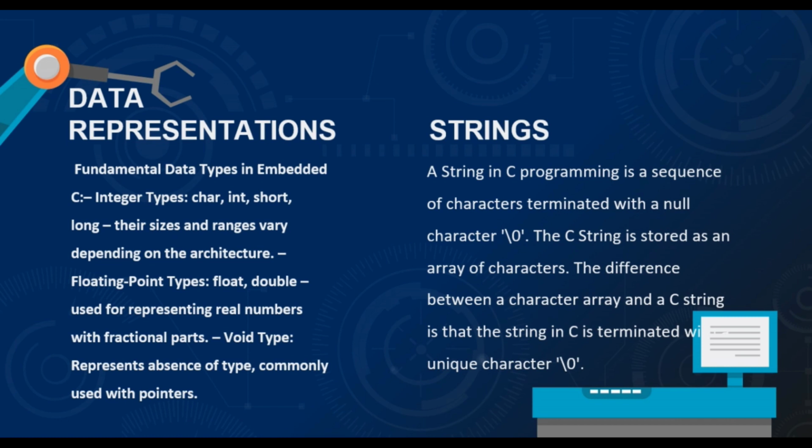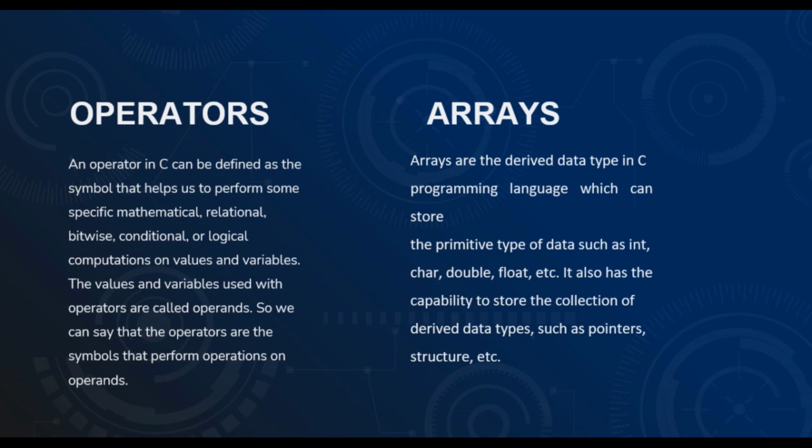Regarding embedded C programming, we have deep knowledge of data types, strings, pointers, arrays, etc. In data representation, we learned how data types are declared, defined and used. Strings are a type of storage where we store characters. We learned about operators: mathematical, logical, and bitwise operators.